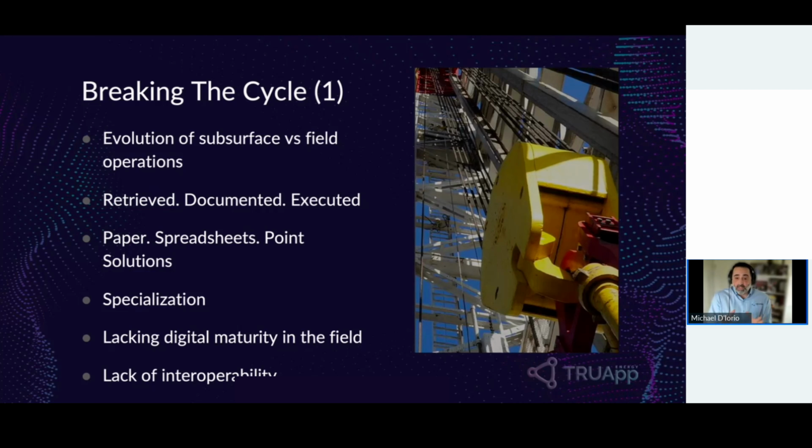Again, this is completely logical because each department requires specialization by nature of the business. But this specialized approach has really prevented anyone from having that holistic, complete view of operations and personnel that also touch the critical disciplines within field operations like maintenance and asset integrity.